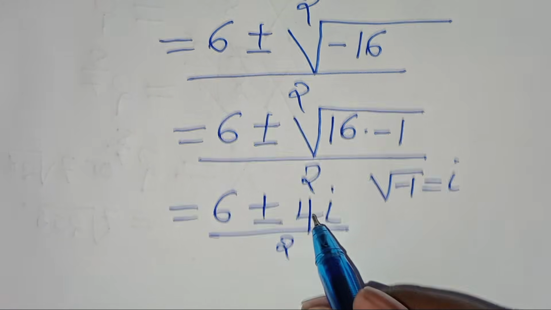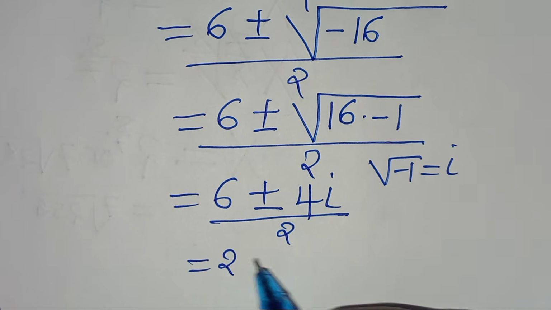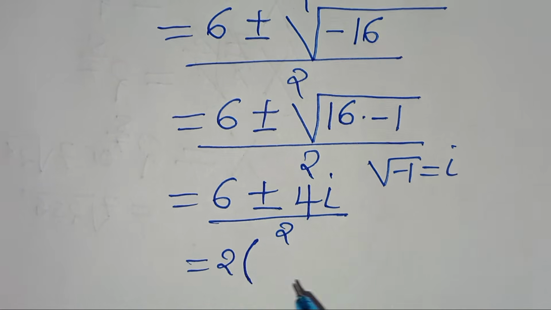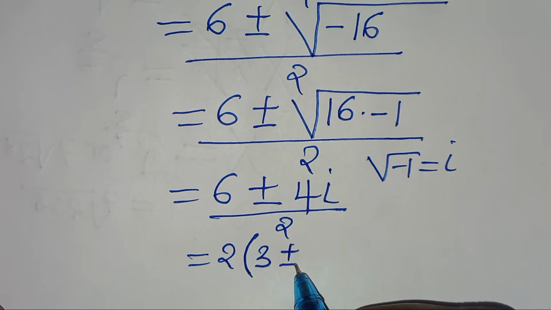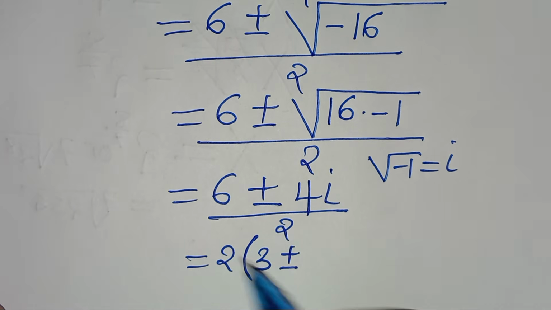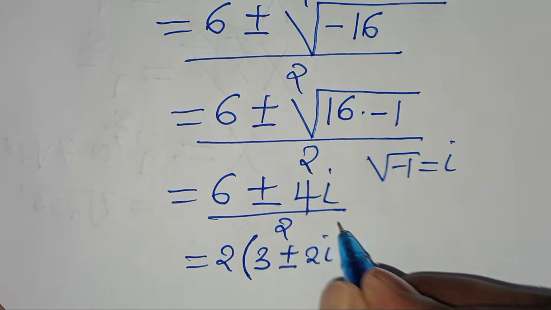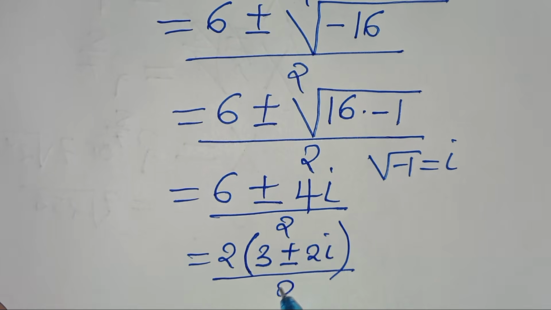In the numerator we can factor out 2 so that we have 2 into the parentheses, 6 divided by 2, this is 3, plus or minus 4i divided by 2, this is 2i, everything divided by 2.